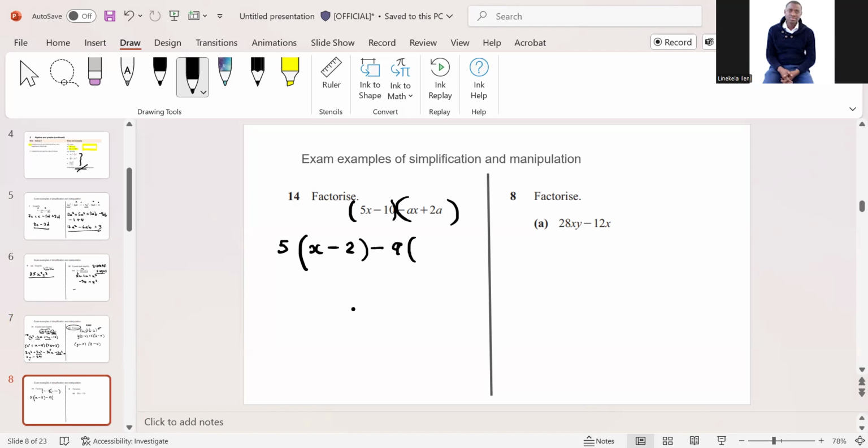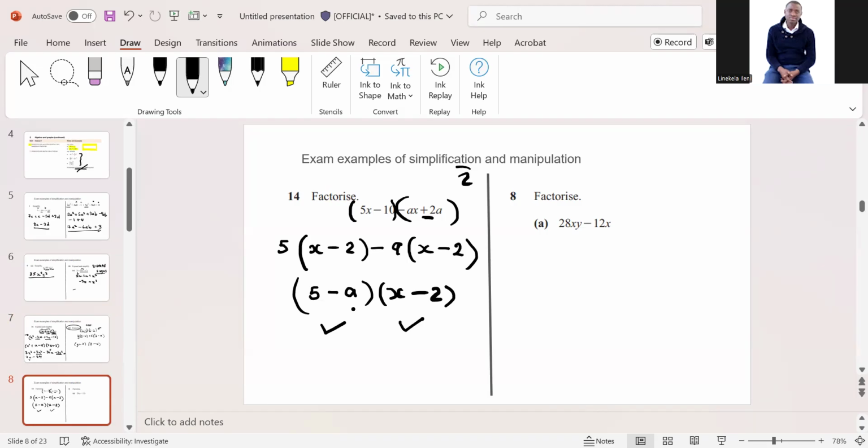Here will be my x, and here will be negative 2, because negative a times x will give me negative ax, and negative a times negative 2 will give me positive 2a. Brackets, as you can see, are common, so I can take the uncommon, 5 minus a, and x minus 2. And there we go, factorized.